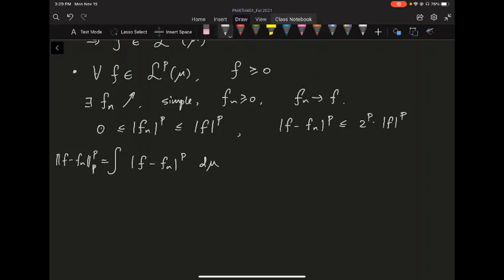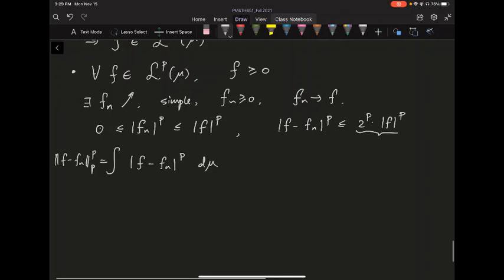But this one is an L1 function, because f raised to the power p is in L1. So this whole thing converges pointwise. The limit of the integral is the integral of the limit, so this one will converge to 0. In other words, fn will converge to f not just pointwise, but also in the LP norm.